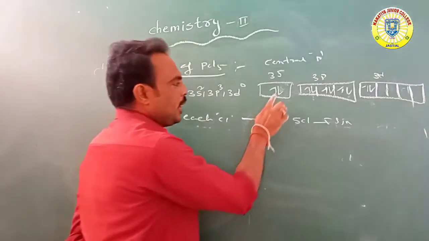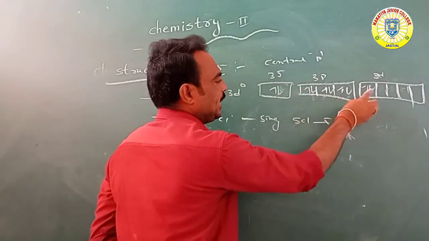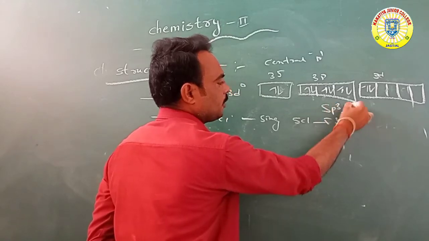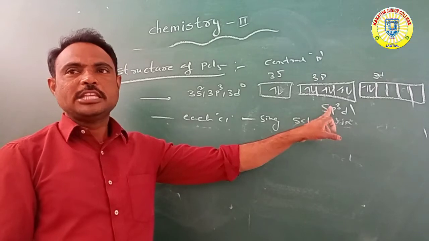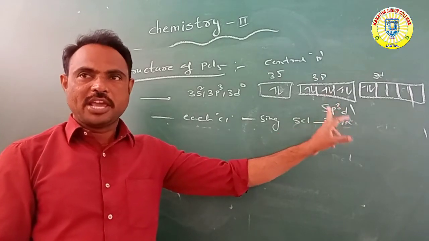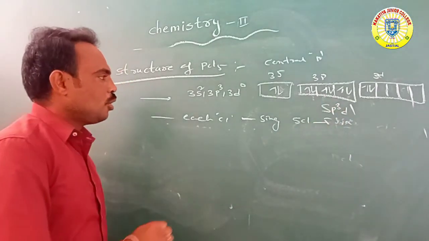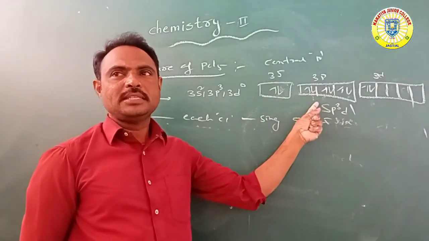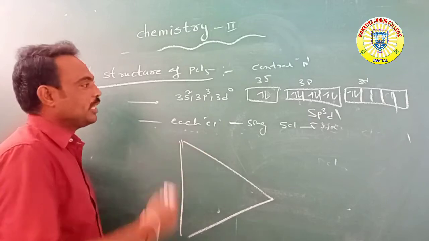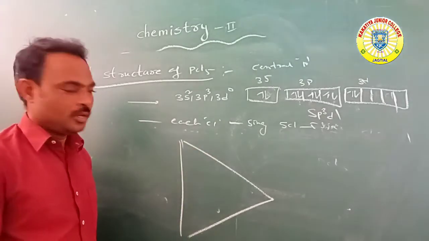So overall, sp3d1 hybridization. So what is the hybridization of phosphorus? sp3d1 hybridization. Overall it contains a total of 5 bond pairs. So what is the structure of PCl5?